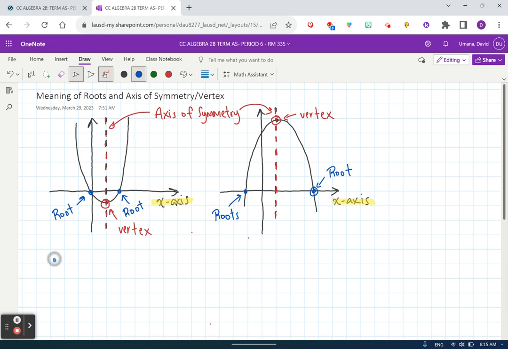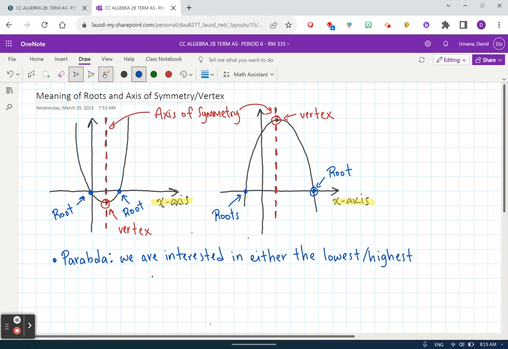I'll say bullet number one for a parabola: we are interested in either the lowest or the highest point. This, of course, is the vertex.